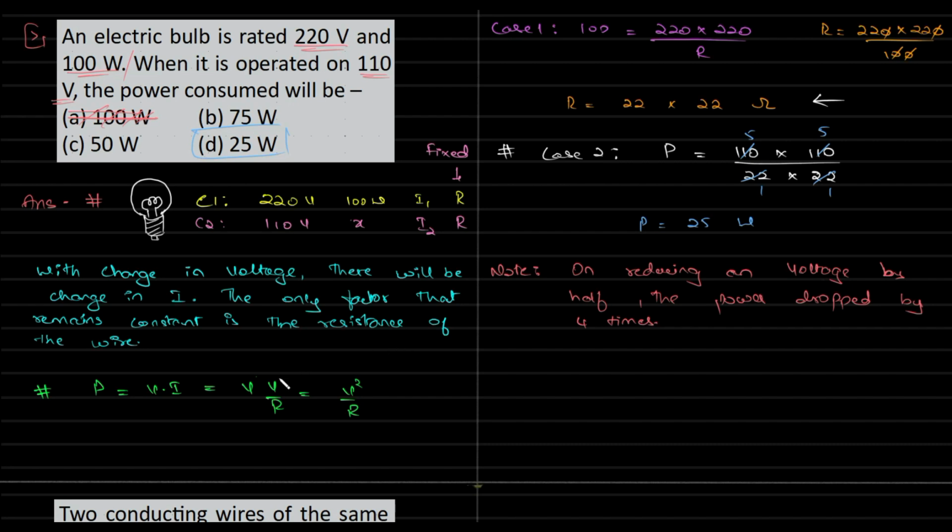Okay, so remember to always use resistance as the common factor between cases. If you guys have learned the lens chapter, in lenses, whenever you get such cases, it is the focal length that remains constant. Here, whenever it comes to wire, it's the resistance that's fixed.